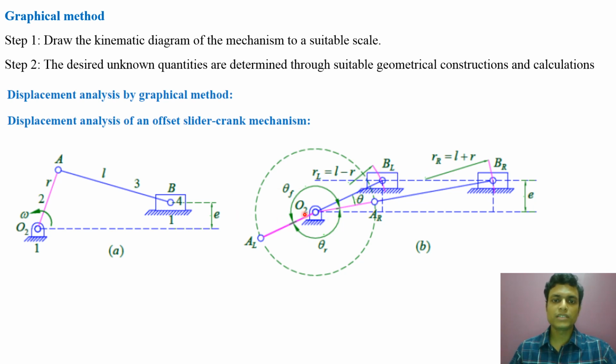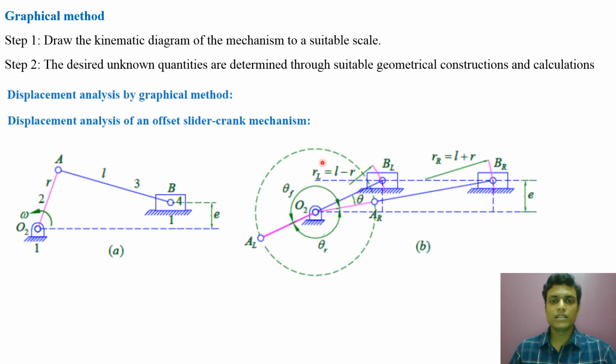The minimum distance of point B from O2 is L minus R. If the length of the connecting rod is L and the length of the crank is R, the minimum distance is obtained when the crank and connecting rod are collinear and one overlaps the other.